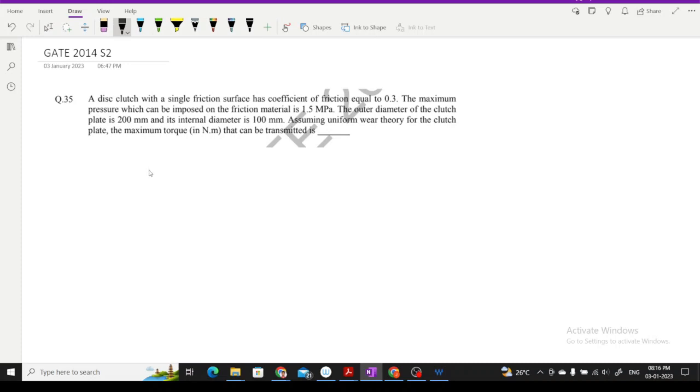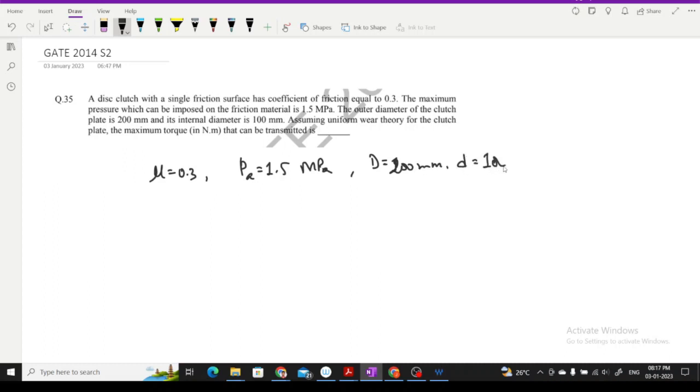Yeah, the given data is mu is 0.3, maximum pressure is given as 1.5 megapascal. Outer diameter is 200 mm.